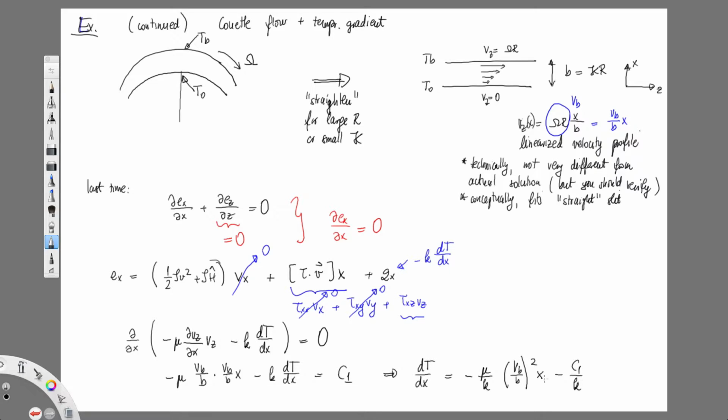And then I integrate. Just a quick comment. If we had a Vz that was a little more complicated function of x, like x over b minus b over x divided by a constant, then this would look more complex, and this itself would look more complex.